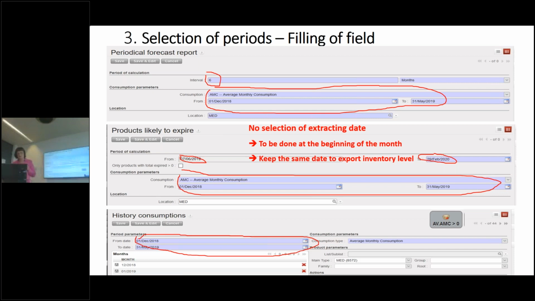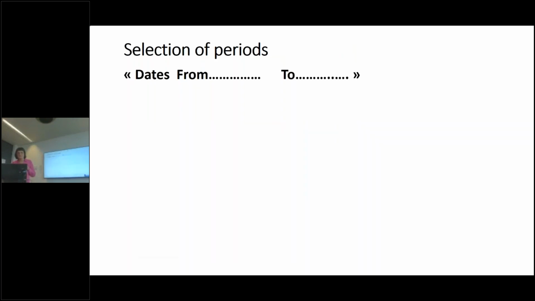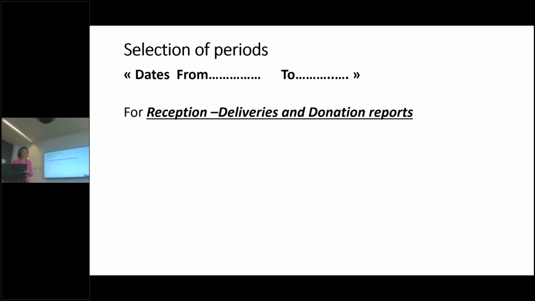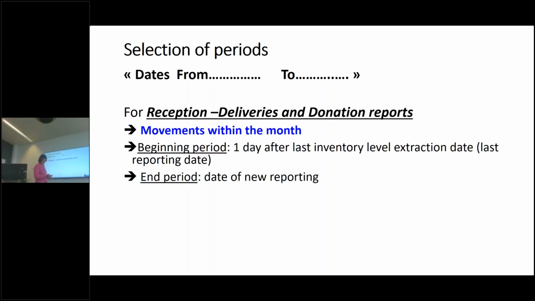Then also the selections of period, date from to. We know that for reception, deliveries, and donation reports, right, it is movement within the months. But of course, it has to correspond to the day after the last extraction up to the day of the extraction, right?